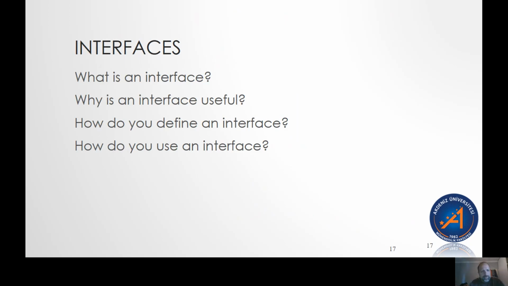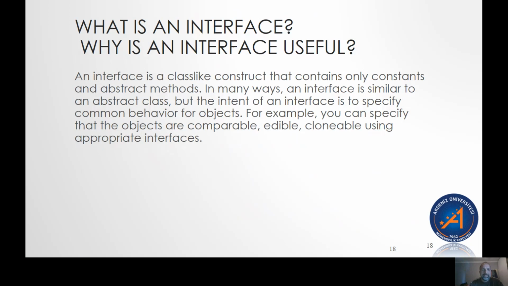An interface is like an abstract class with some very, very key differences. One is that an interface is like a class in that it contains methods and constants, but it can only contain constants and abstract methods.